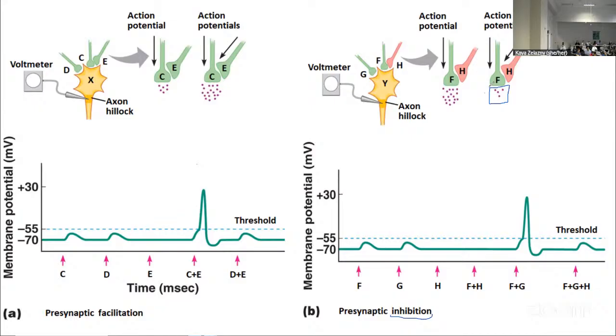So this doesn't necessarily tell you about the postsynaptic potential of that yellow neuron X or Y, right? All it tells you is about how much neurotransmitter C or F are going to fire. The direction of change is going to be dependent on whether C or F are themselves excitatory or inhibitory neurotransmitters.